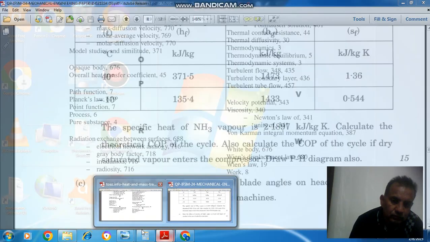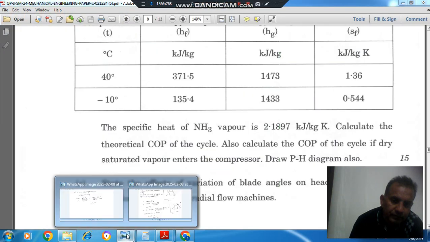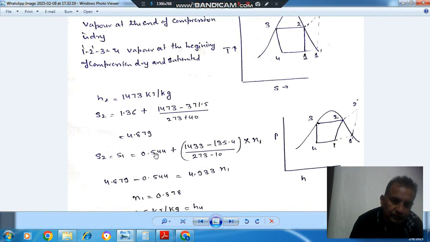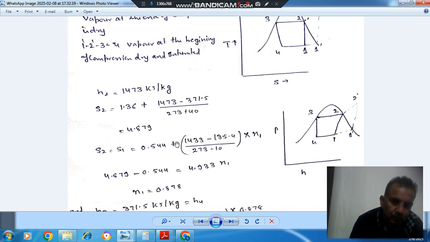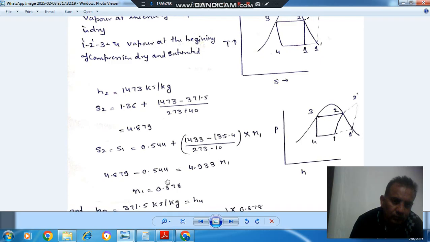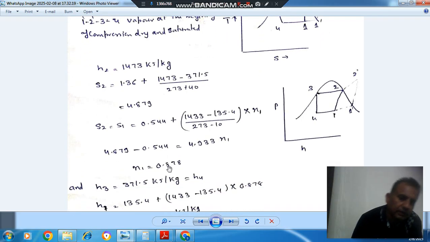So total entropy at point 1 is this entropy plus this entropy, that is 1433 minus 135.4 divided by temperature, that is 263, multiplied by x1, the dryness fraction. So this whole part will be equal to this. From this we can find out dryness fraction, so that is 0.878.